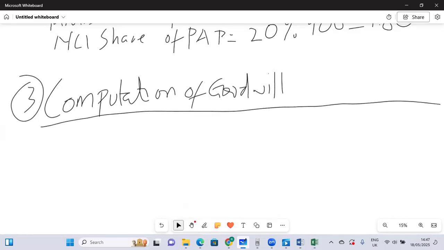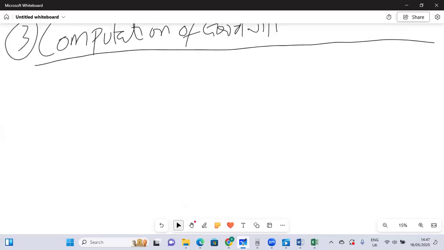Goodwill will be computed this way. You bring in your purchase consideration, you add NCI, and then you less net asset at acquisition, and you get your goodwill. If in case there's any impairment, you take the impairment out, and then you get your correct goodwill.